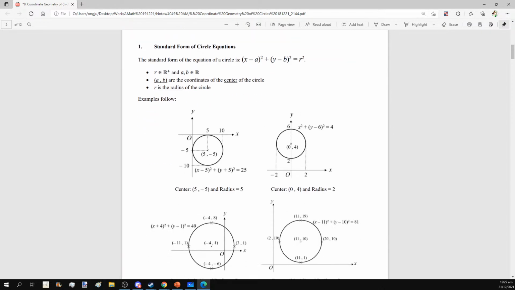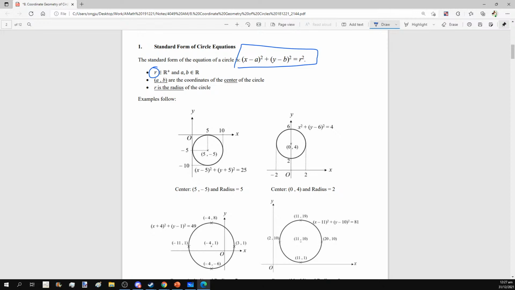So let us begin. First of all, the standard form of a circle is always in this particular shape, right? First thing we need to know is that on the right hand side we have the constant r, which is a positive real number, which means we cannot have 0.